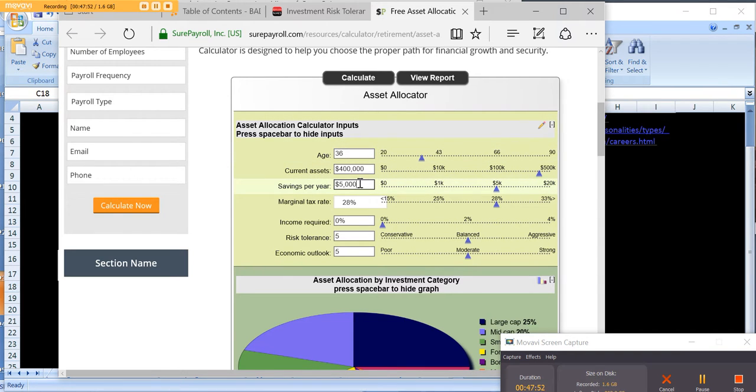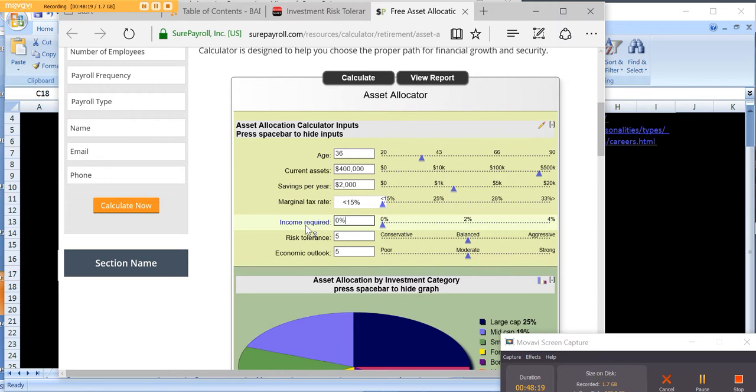Here we have savings per year. I would put this somewhere around 5% of your possible income, so set it to $2,000 just to make life easy on you for this. Next, I need to enter my marginal income tax rate, and mine is that.